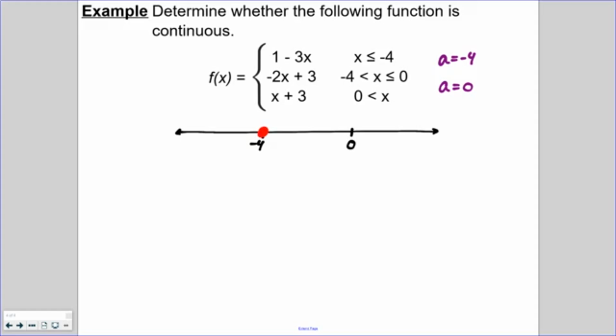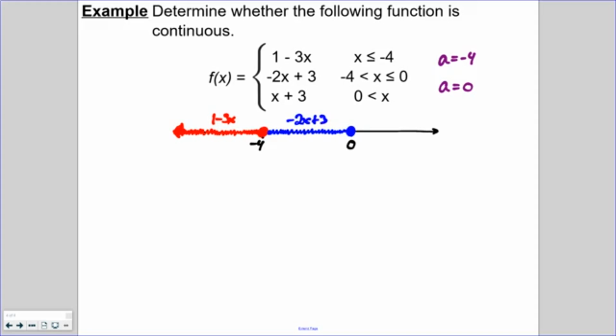Equal to -4 means I'll include that point, closed circle, and I'll shade in everything less than it. So that'd be 1 minus 3x. Then for our next piece, -2x plus 3 whenever x is greater than -4 but less than or equal to 0. So we're including 0 in that piece. So we'll shade, done. And -2x plus 3.